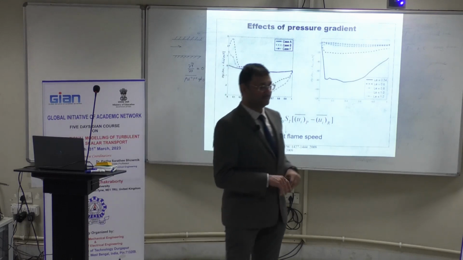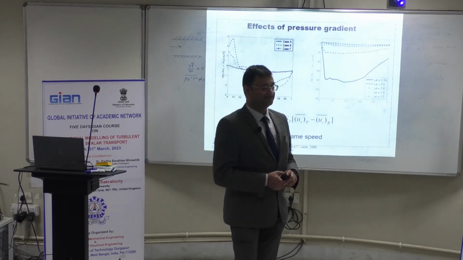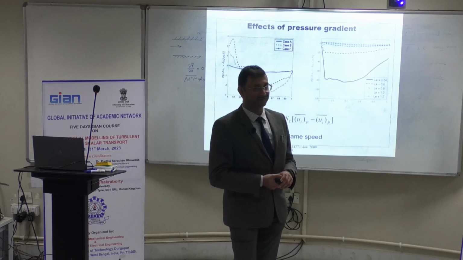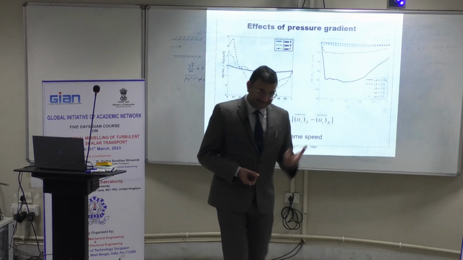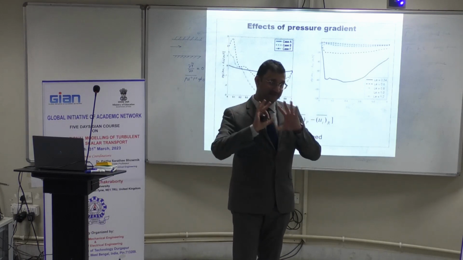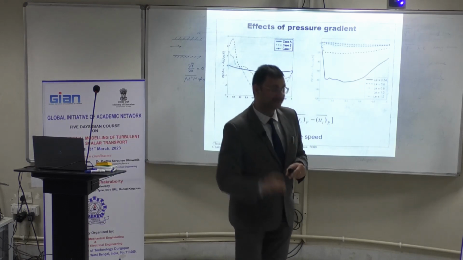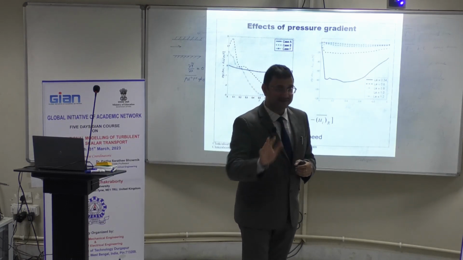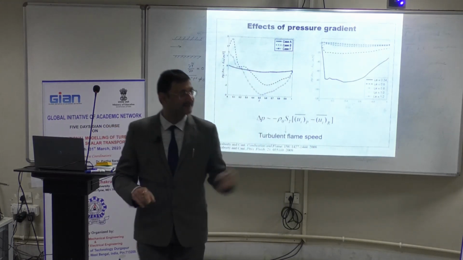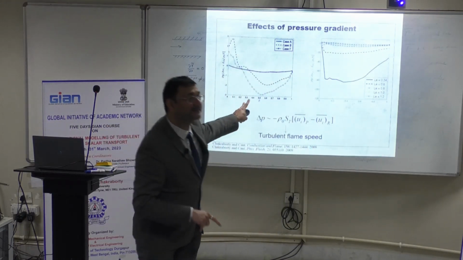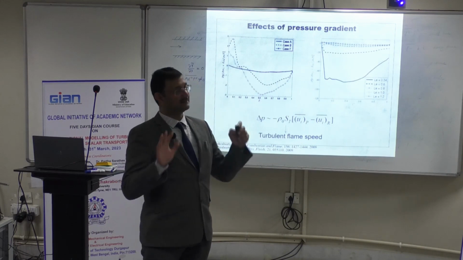One is heavier, one is lighter. Which one will accelerate faster? Lighter one, right? Burned gas is lighter. You are actually subjecting it to the same pressure gradient. Burned gas will move faster in comparison to the unburned gas because that's heavier. And this differential acceleration is responsible for the counter gradient transport. Clear?